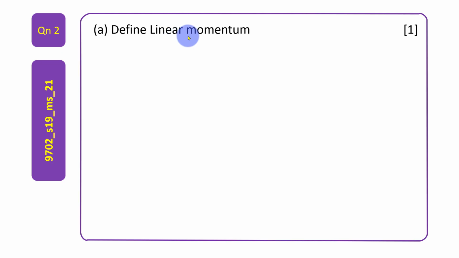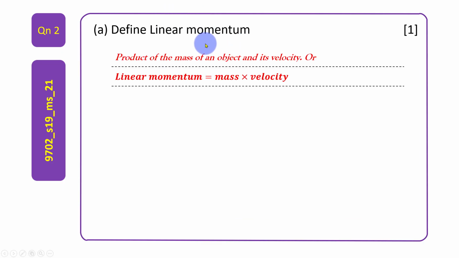Momentum is defined as the product of the mass of the object and its velocity. In fact, that is why the units of momentum are kilograms meter per second. You could also say that linear momentum is defined by this equation: linear momentum is equal to mass times velocity.